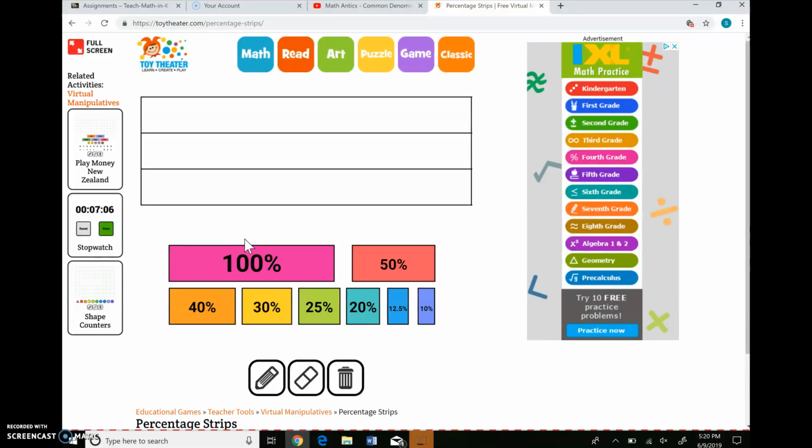Not all classrooms are going to have fraction strips, percentage strips, or all these pie chart manipulatives, either because of financial resources, or storage issues, or because there are too many kids in the class, so there's not enough for every kid. So this gives all the students access to all the different math manipulatives, regardless of how much money the school or teacher has, or how much storage or anything of that sort. It gives access to all students.